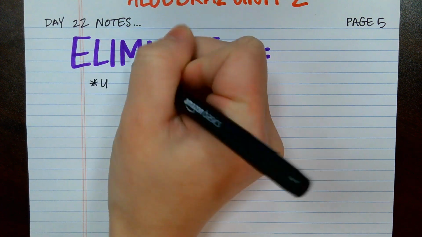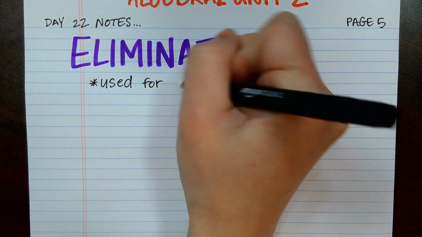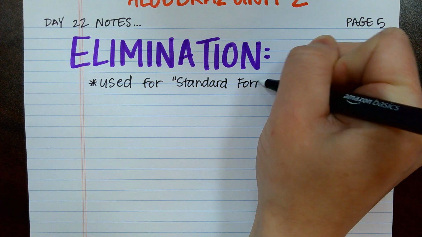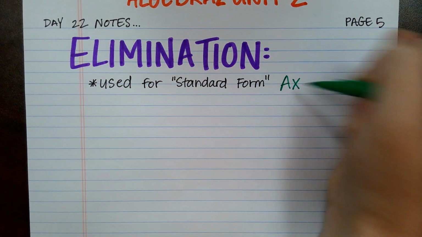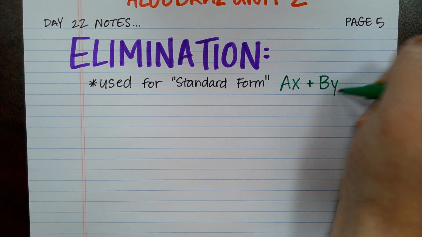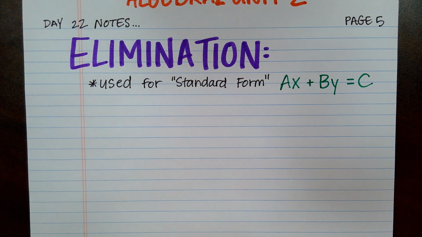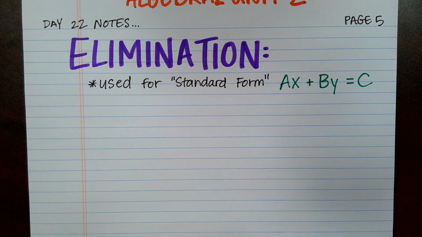The other form is usually used in this elimination method. It's called standard form, which is Ax plus By equals C. If you were in Algebra 1 last term, you might remember that we did some manipulation with the A, B, and C, and we could rearrange it into slope-intercept form.